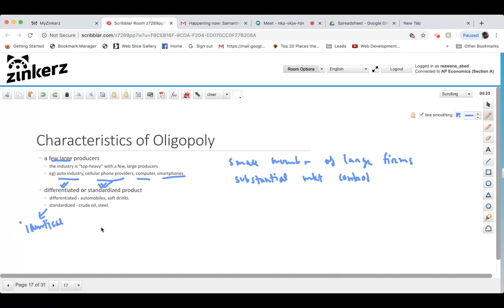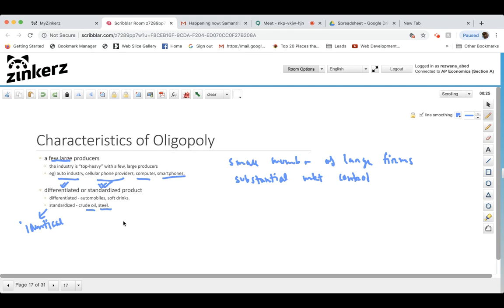These types of oligopolies tend to process raw materials, right? So crude oil, steel, they're usually types of goods that are used as inputs by other industries. We don't use crude oil or steel as the end good. We use steel to build something.